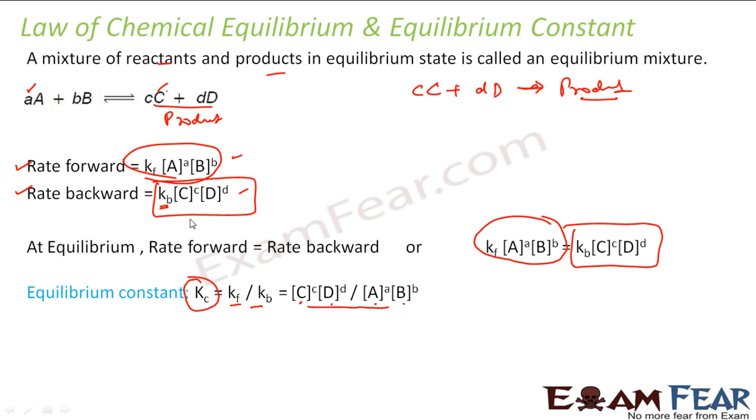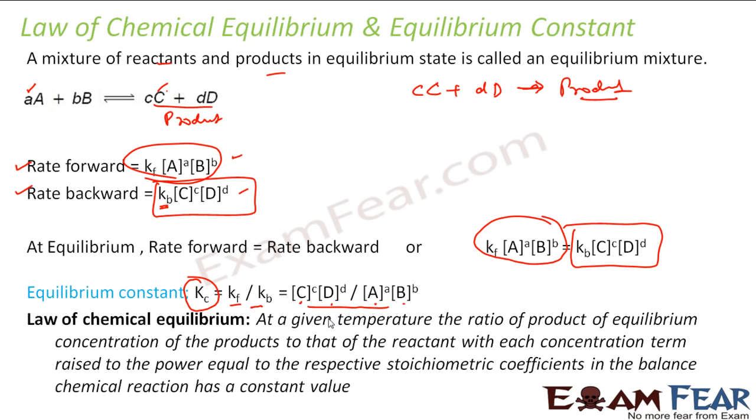So for any reaction aA plus bB is equal to cC plus dD, my Kc will be C to the power c into D to the power d divided by A to the power a, B to the power b. With this, we have the law of chemical equilibrium, which says that at a given temperature, please note temperature is a critical factor here, the ratio of the product of equilibrium concentrations of products to that of reactants, with each concentration term raised to the power equal to the respective stoichiometric coefficient in the balanced reaction, has a constant value.